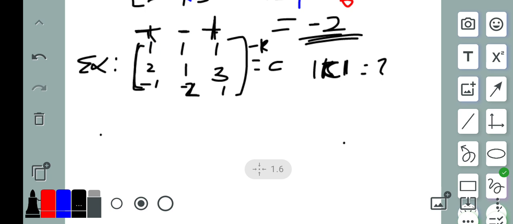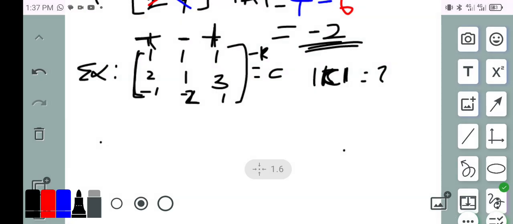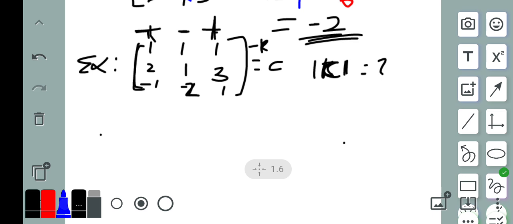That is, we are going to delete all the members along the vertical side of this element, and also along the horizontal side of this element.